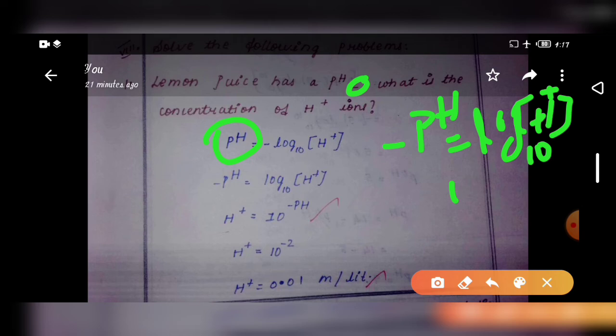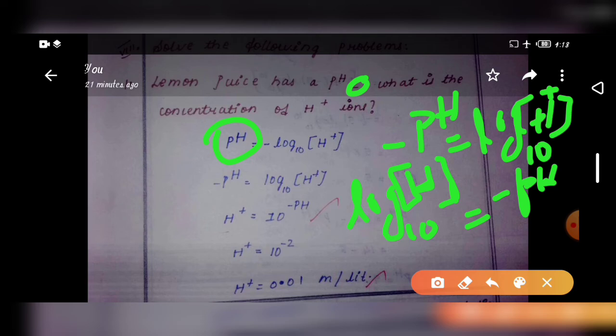Minus pH value, you know very well, is minus 2. So you must write the log of H+ ion concentration to the base 10 equal to minus pH.